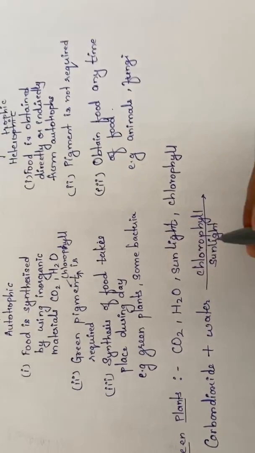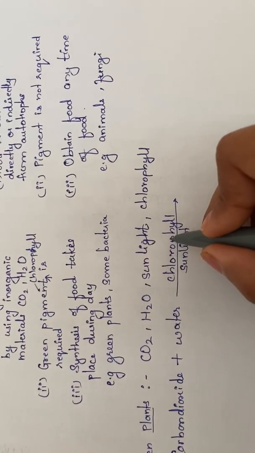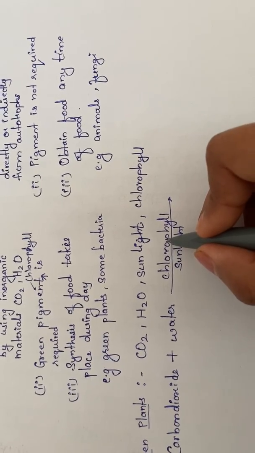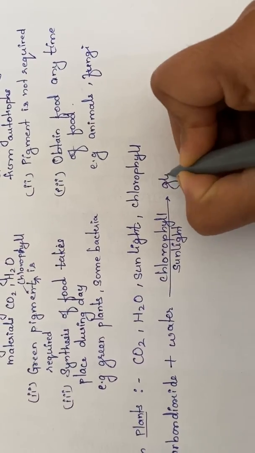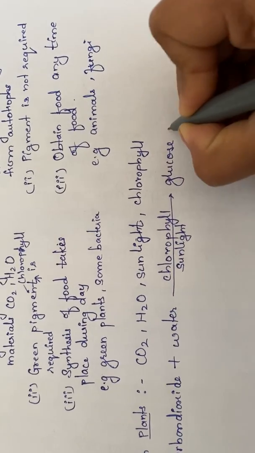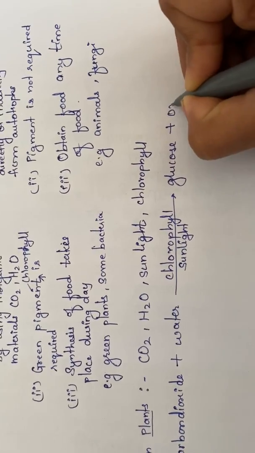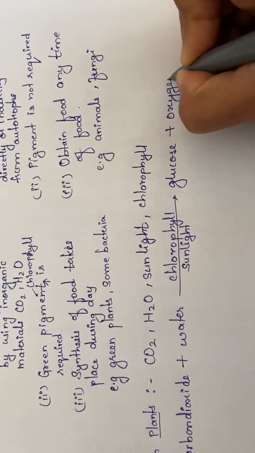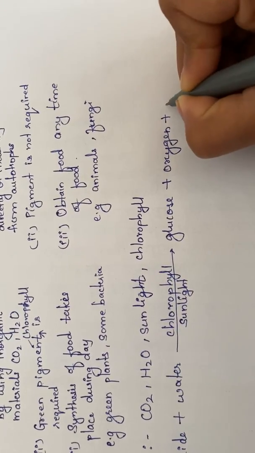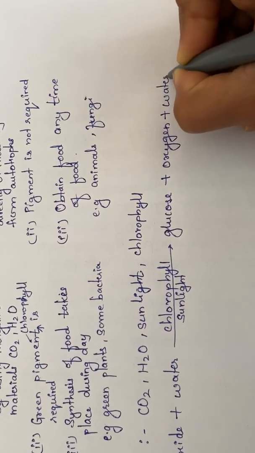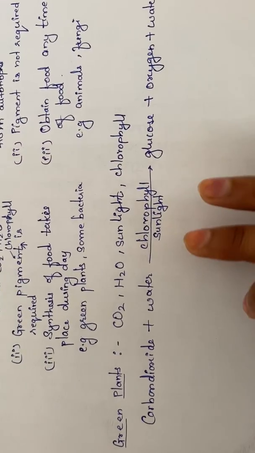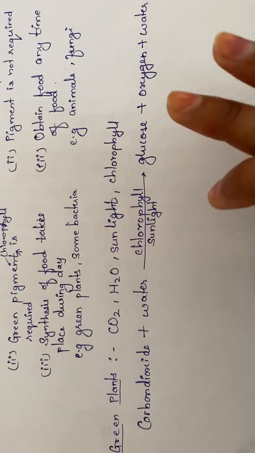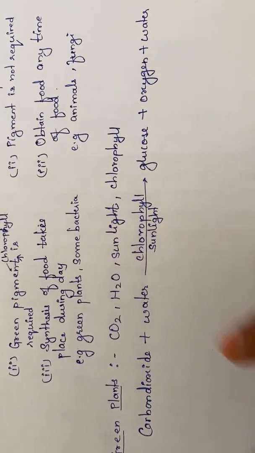The sun's energy is trapped by chlorophyll and is converted into chemical energy, that is glucose. Along with glucose, oxygen is also liberated by plants and water is also formed. So this is the word equation of the autotrophic mode of nutrition that takes place in plants.